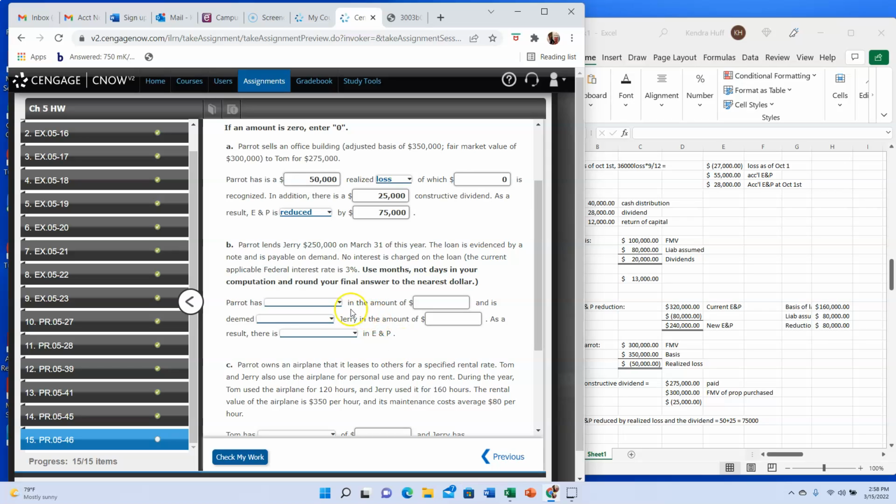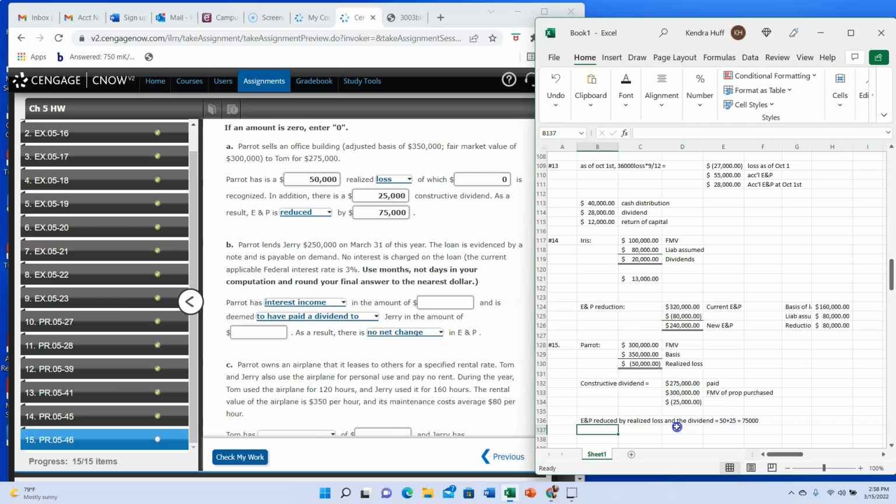Okay, Parrot is going to assume they get interest income and is deemed to have paid a dividend to Jerry in the amount of whatever. And I'm guessing these two are going to offset each other, so it's going to be no change.